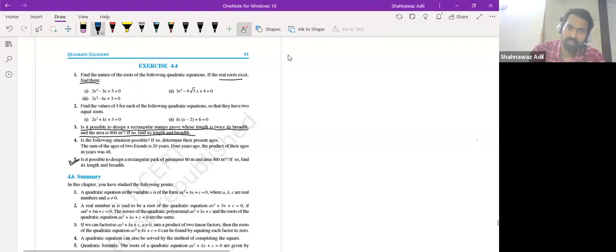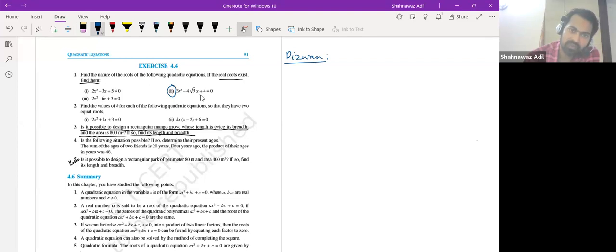Yes, sir. So we have this first question, because in the revision portion all the questions will be like this. We have to find the nature of the roots of the following quadratic equation. If real roots exist, find them.